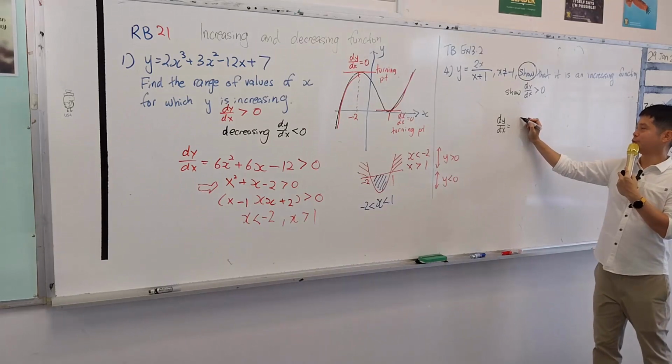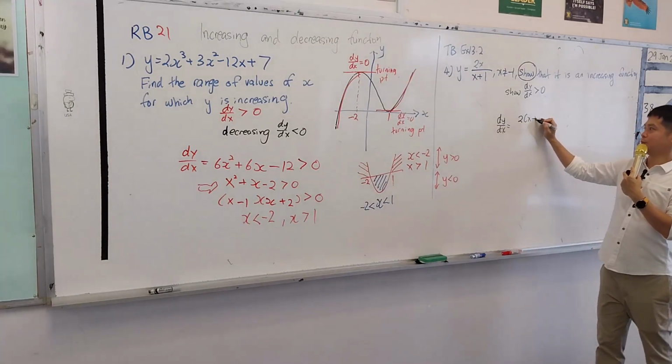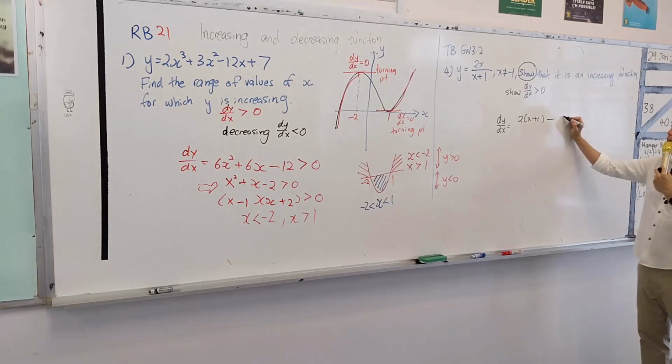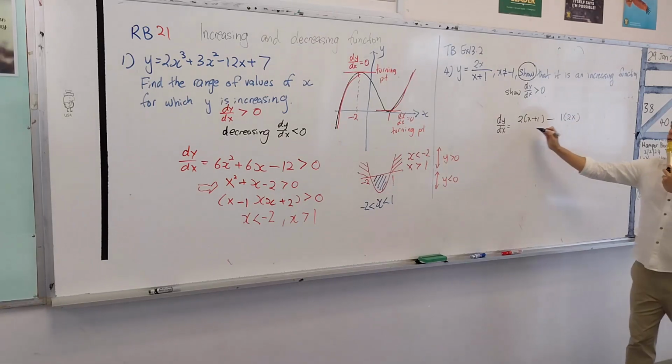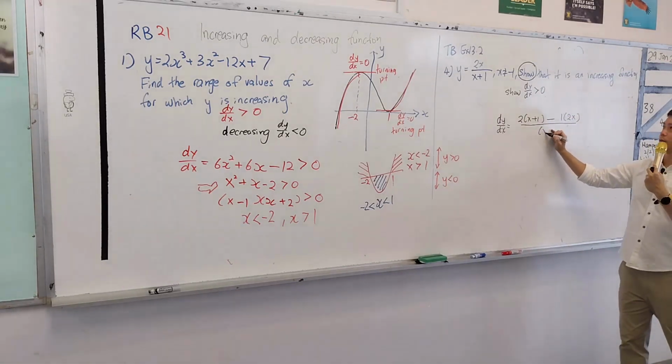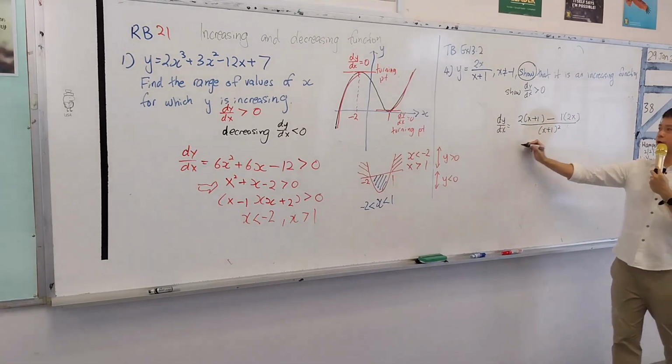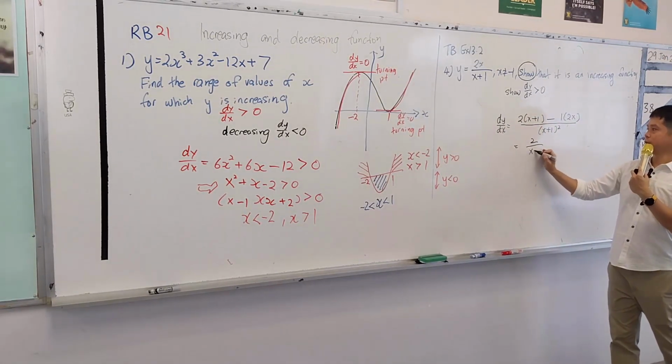Quotient rule. I differentiate the top first, put down the bottom, minus, differentiate the bottom, put down the top, divided by the bottom squared. So I get this function here.